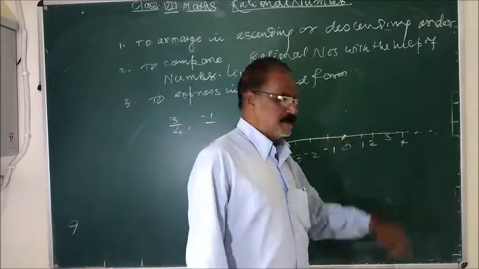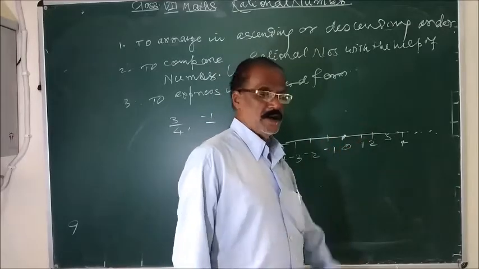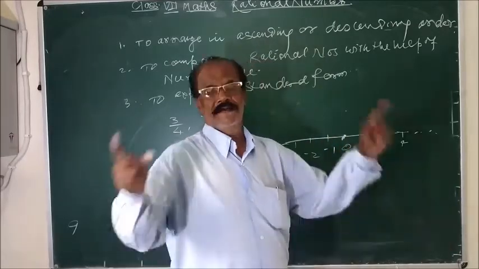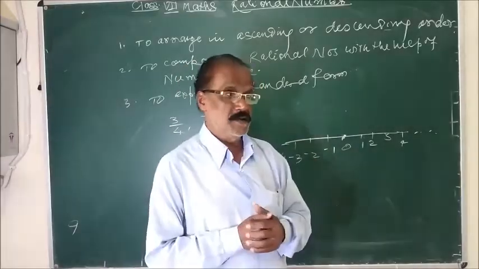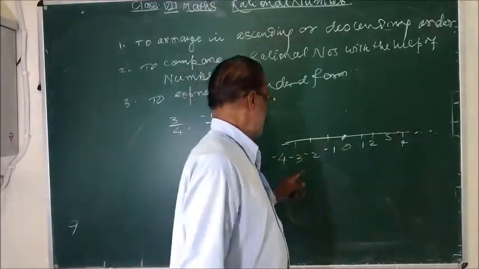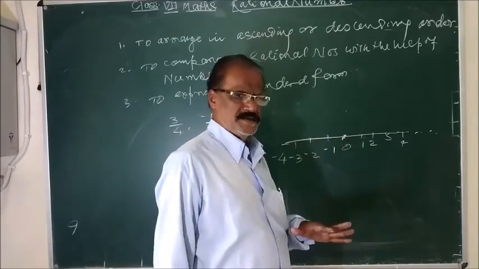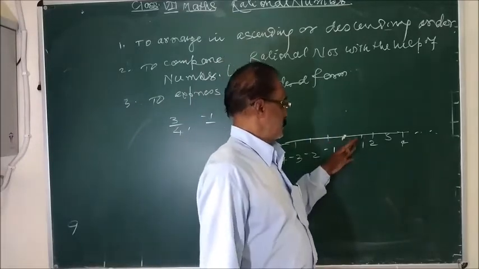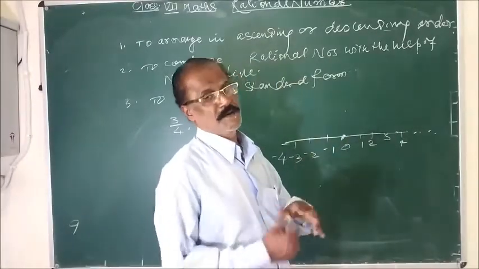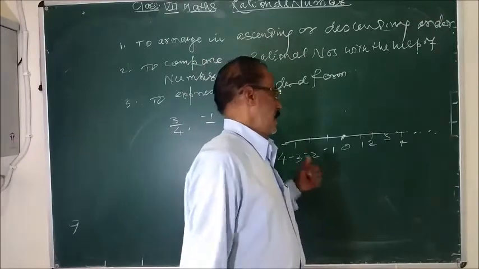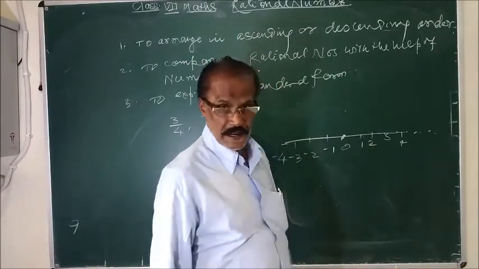All the numbers on the right side are always greater than the numbers on the left side. This is a very, very important rule you should understand. All the rational numbers represented on the right side of the middle point, 0, will be greater than the numbers on the left side.